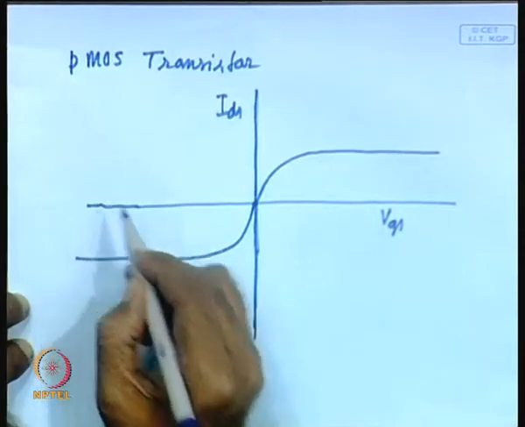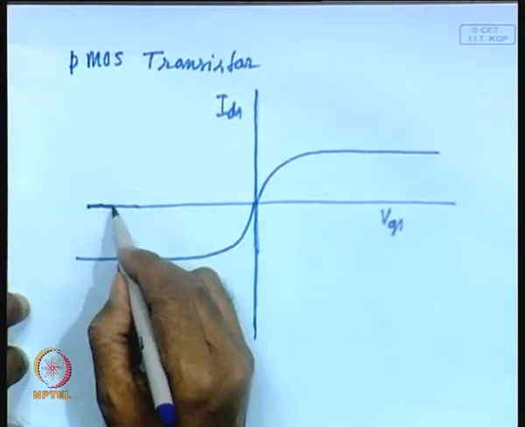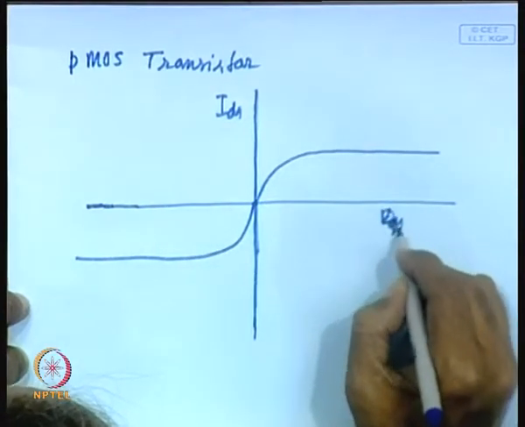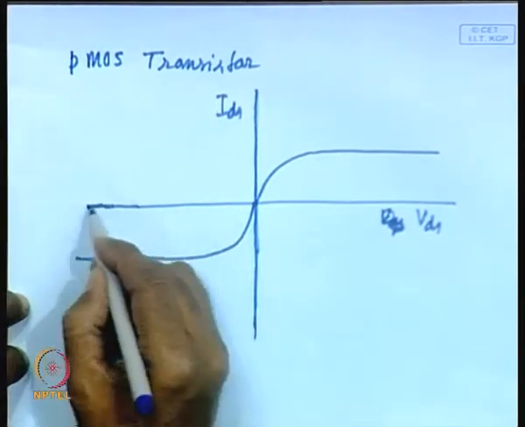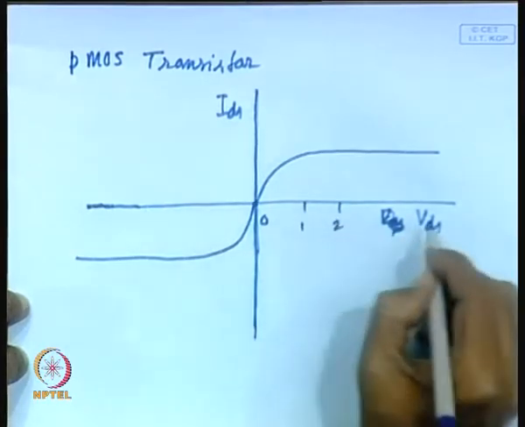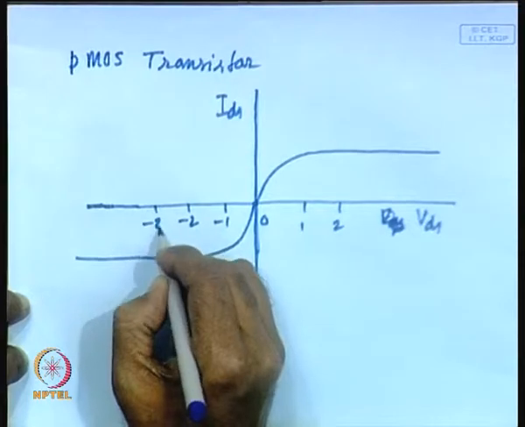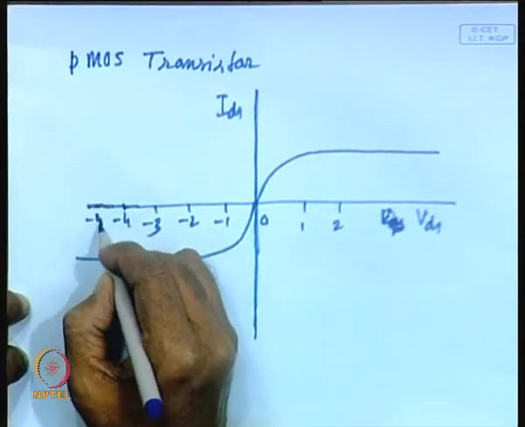That means, you will be applying the drain voltage, sorry, this is your VDS, I have written it wrongly, VDS. So, here it will be negative, here also VDS, but here it is say 0, 1, 2, here it is -1, -2, -3, -4, -5 and so on.